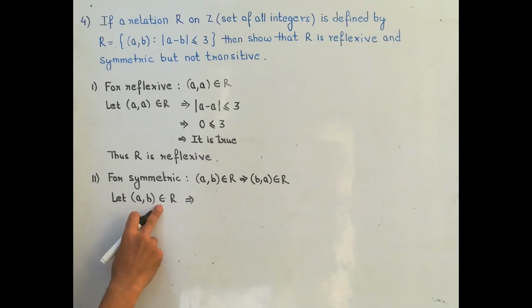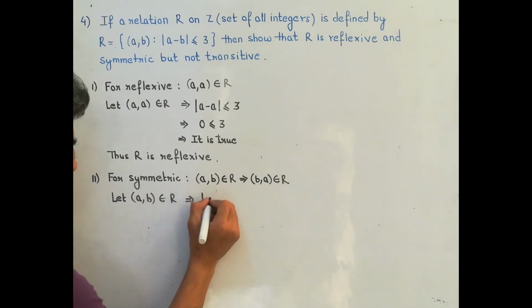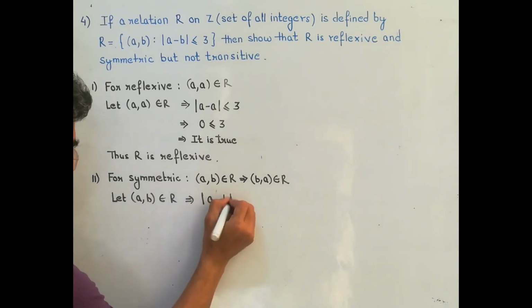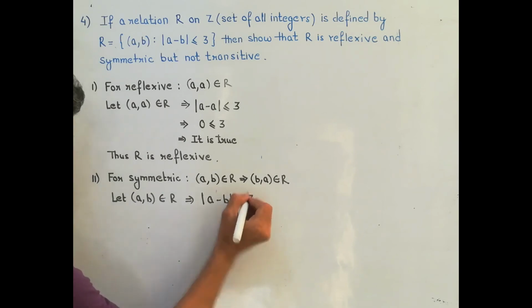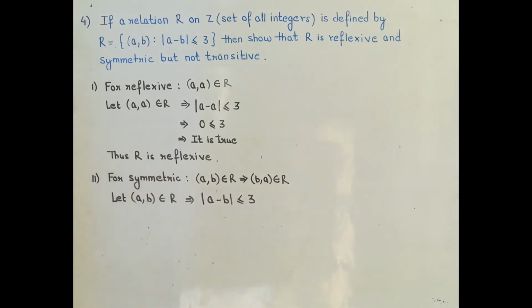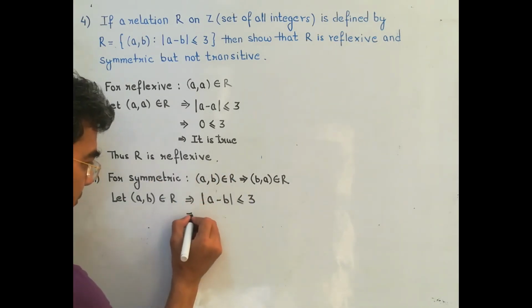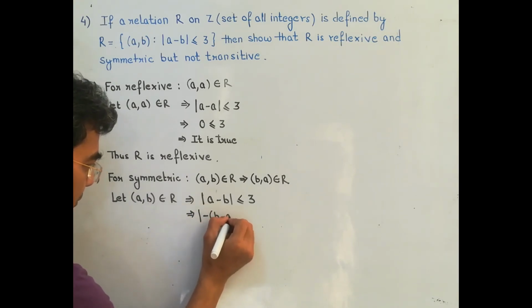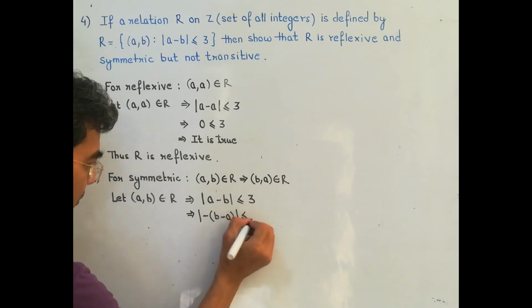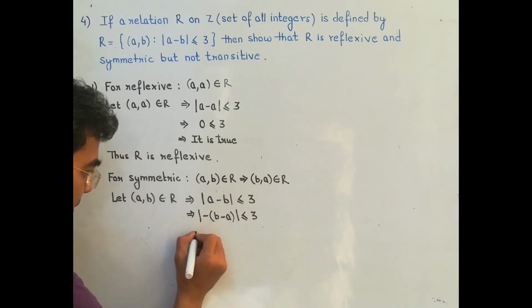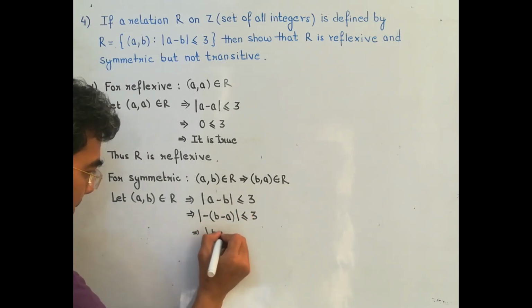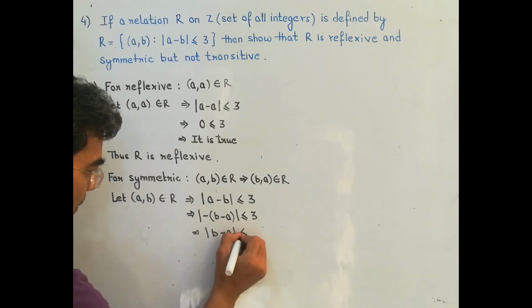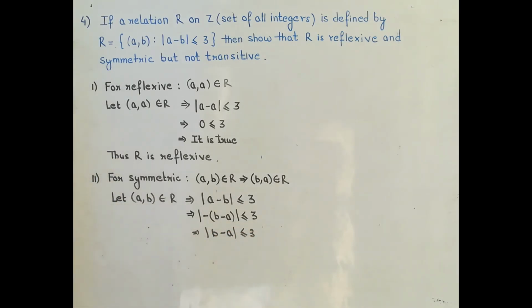So for a comma b belongs to R, we have the relation. Now within the mod sign it can be written like this, minus of, so this will become, so again the statement is true.